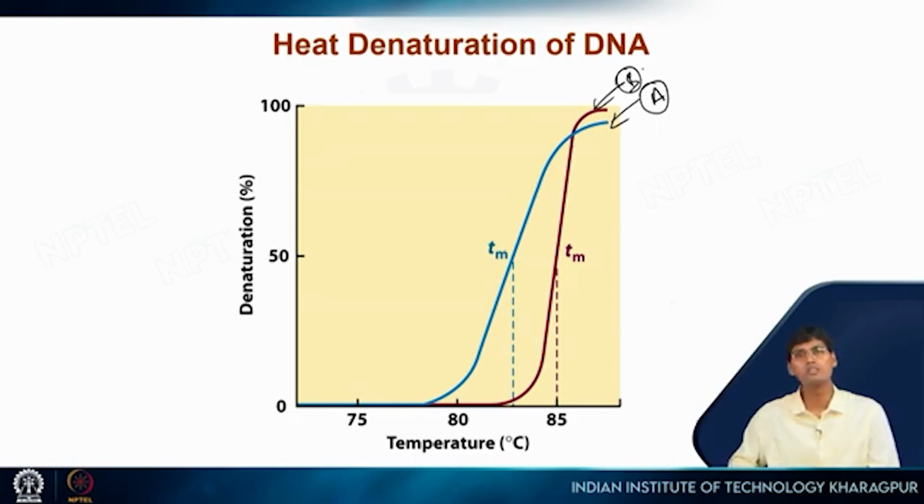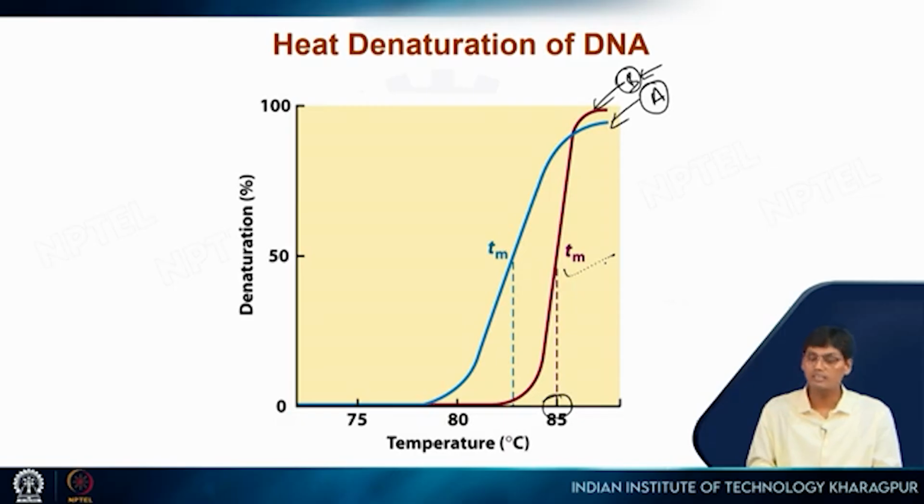So what is the difference in terms of base composition, nucleotide composition, between these two DNA samples? From this curve we can see that sample B requires more heat to get denatured. As you can see, the Tm is higher in case of sample B. Melting temperature is higher.